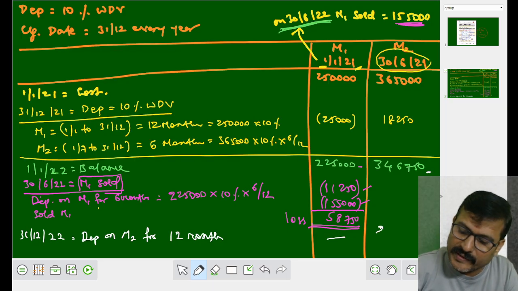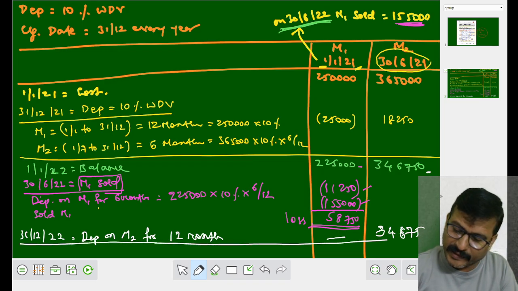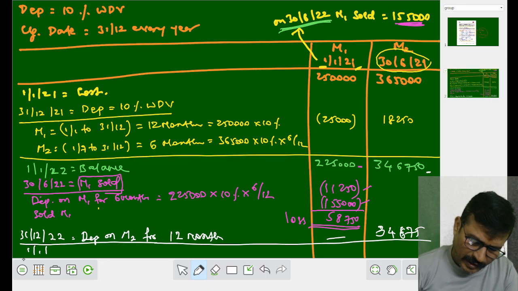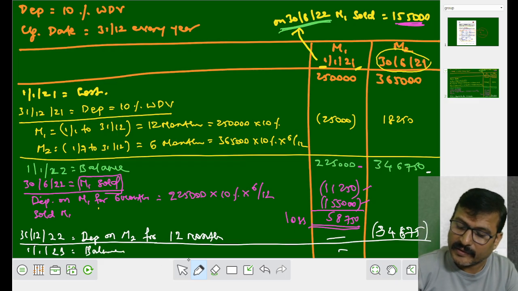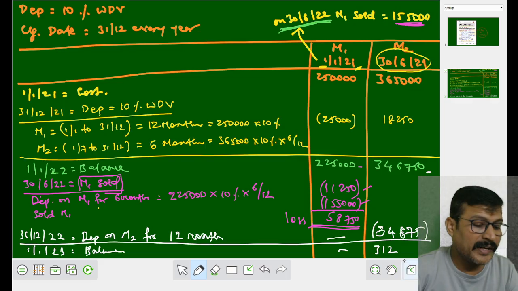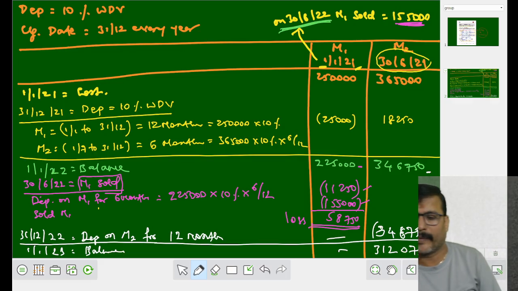It comes to rupees 34,675. Now you work out a balance. That is, on January 23, we can go for balance. You subtract it. You are getting a balance called 3,12,075. This completes your working out, my dear children.